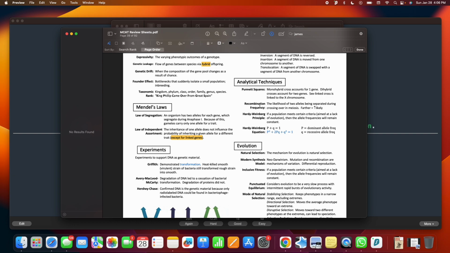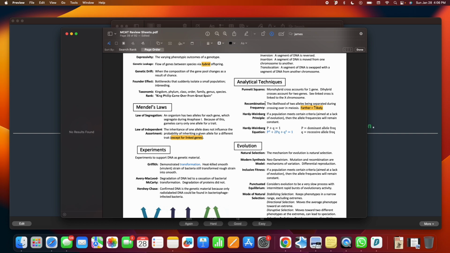Then we have recombination frequency, which is the likelihood of two alleles being separated during crossing over in meiosis. The father is more likely, whatever that means. Does it have to do anything with the XY chromosome? Probably.